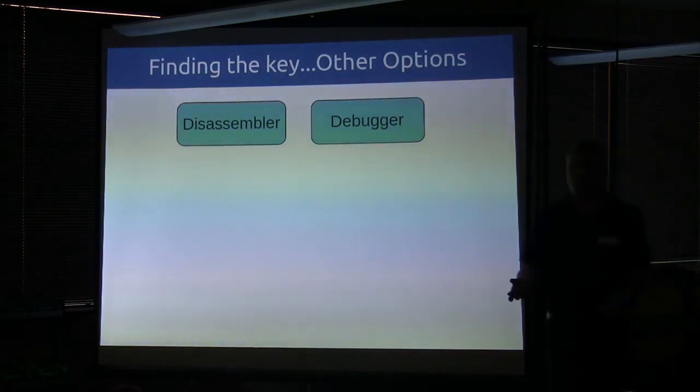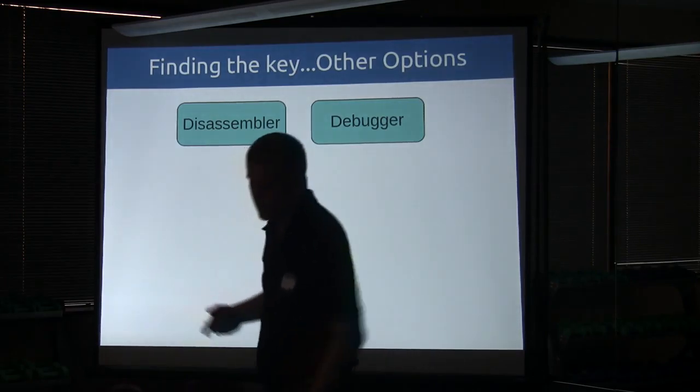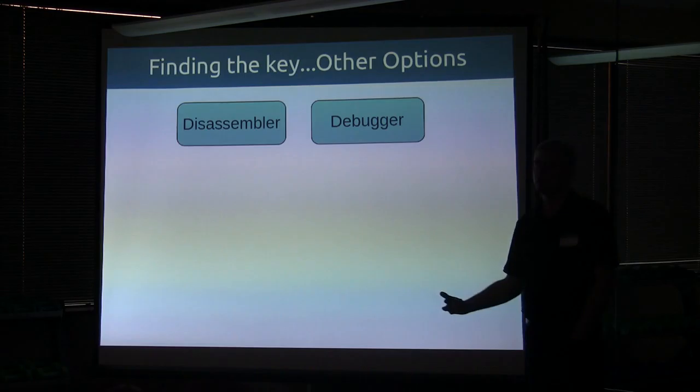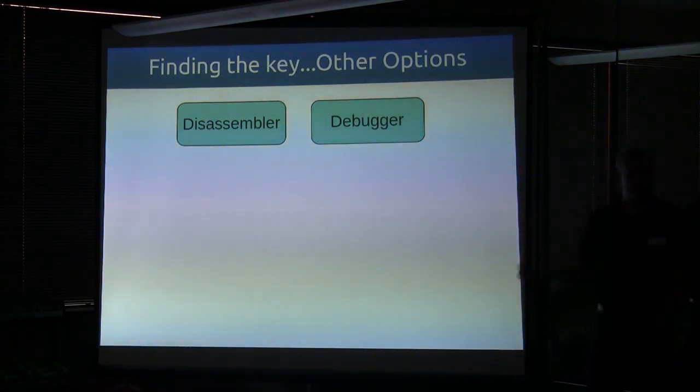Well, there are other ways that you can find the key. You can load up the Boson crypter into a disassembler like IDA Pro and reverse engineer the program that way. Or you can load it up into a debugger and step through and see if you can come across the API call that actually makes the crypto calls and pull the key out that way.